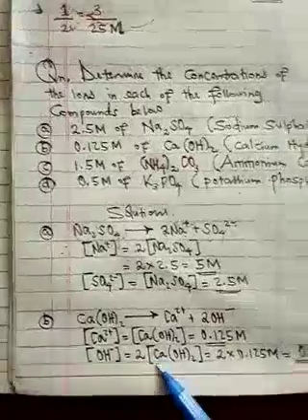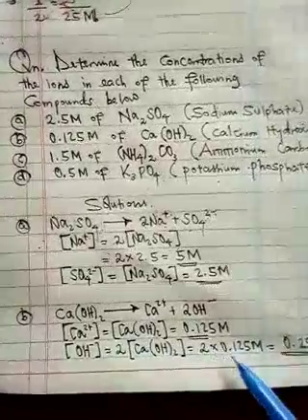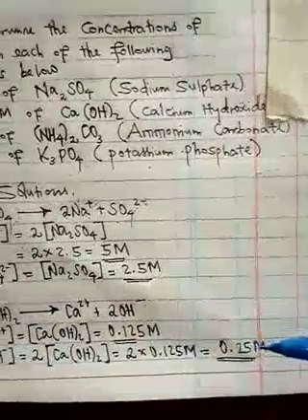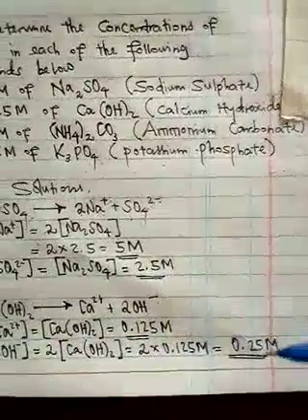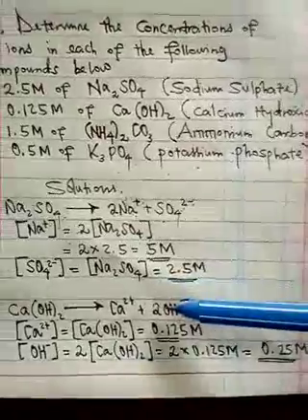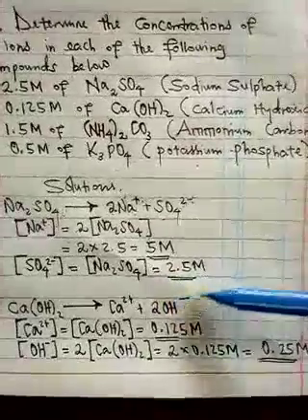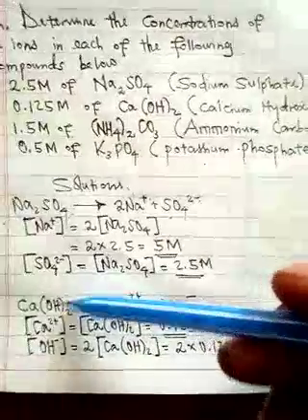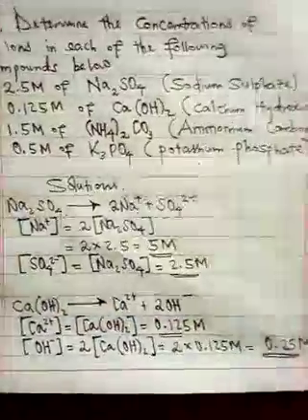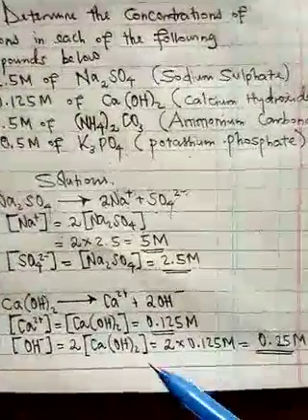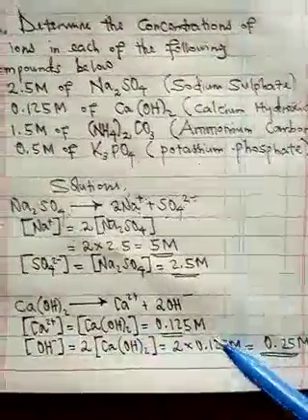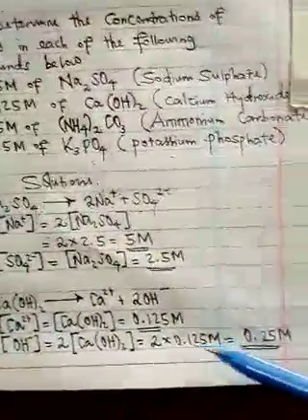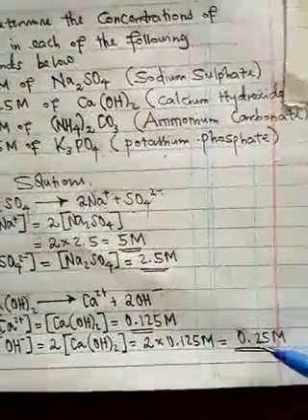Hence, this is going to be just 2 times 0.125 molar, which is 0.25 molar. So the 2 here implies that the molarity of the hydroxide ions is 2 times the molarity of the calcium hydroxide. The value is 0.125 as given, so it's 2 times 0.125, which is 0.25 molar.